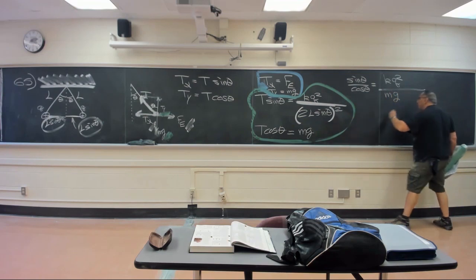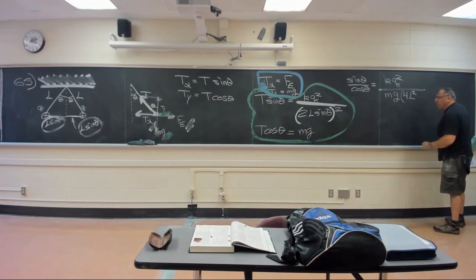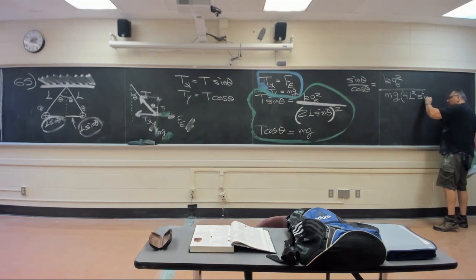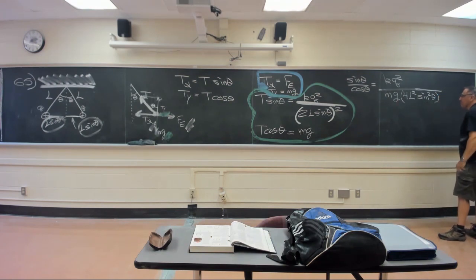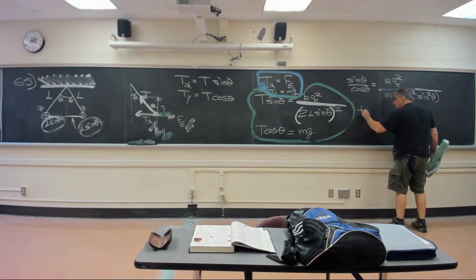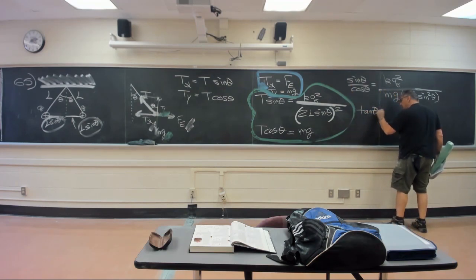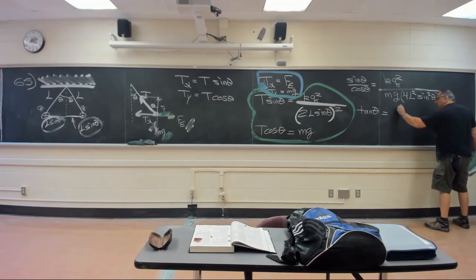We'll square them, right? 4L squared. Well, we know that's tan of theta. So tan theta is kq squared.